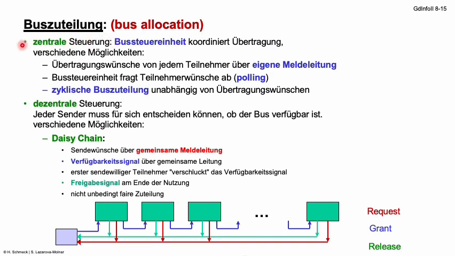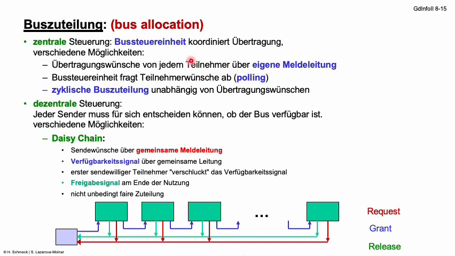It can be either centrally controlled or decentralized. With centralized control, there is a bus control unit that coordinates the transmission, and there are different possibilities here. There could be transmission requests from each participant or subscriber through their own alarm line.